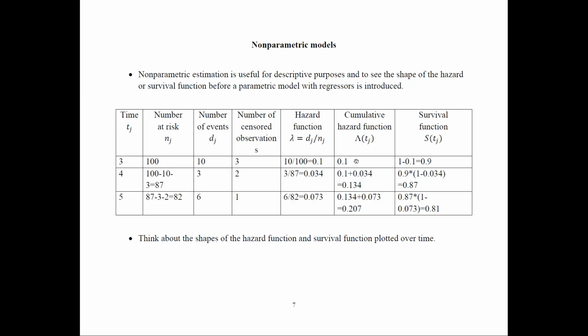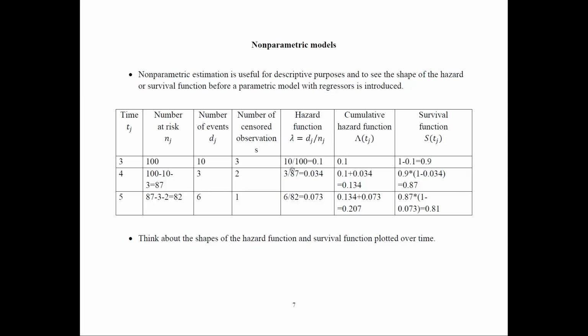So the cumulative hazard function, well, in the first period would be just 0.1. That number is the same as this one. Next, the survival function would be 1 minus the failure function. And the failure or the hazard rate would be 0.1. So the survival would be 0.9.